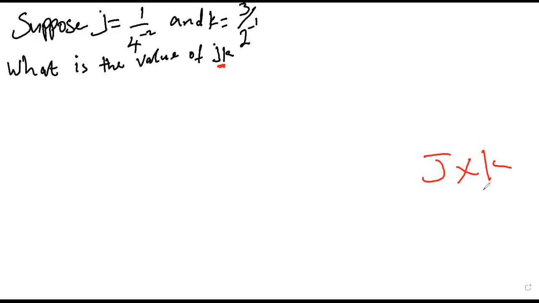So how do we do this? For us to do this, we have to know that we have two separate guys here that we are going to multiply at the end. So this guy right here and this guy right here, okay? The first guy is J, while the second guy is K, right?